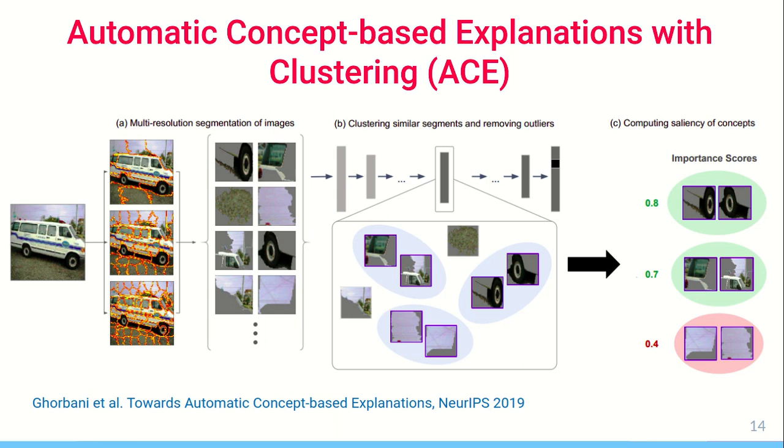Given a set of images from the same class, ACE applies a segmentation to all the images and groups the activations of the superpixels to form concepts using k-means clustering, and once it has the concepts, uses TCAV for the concept's importance.